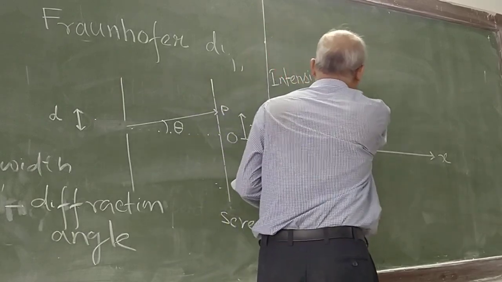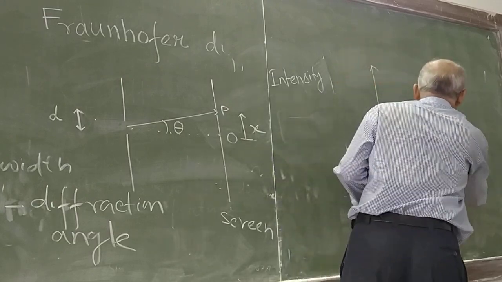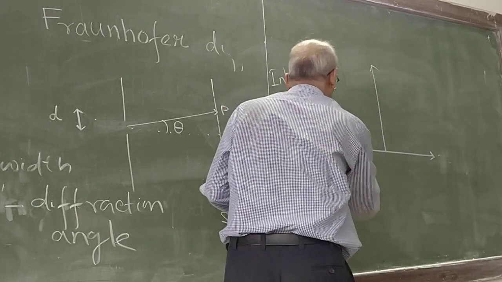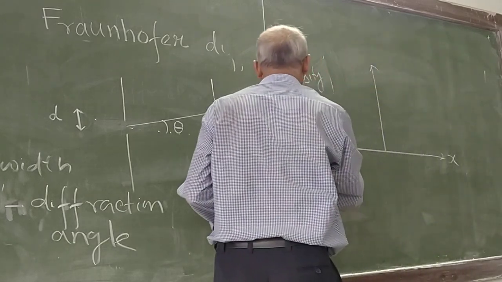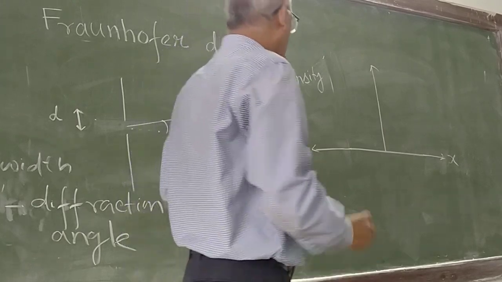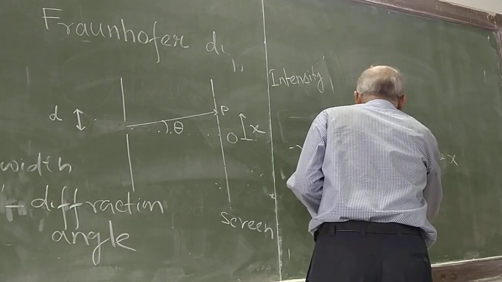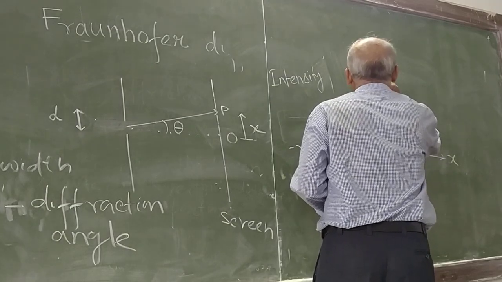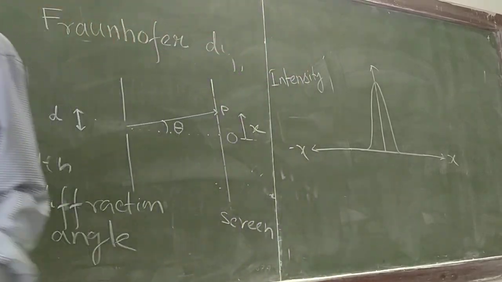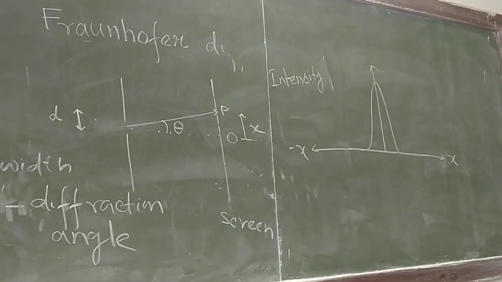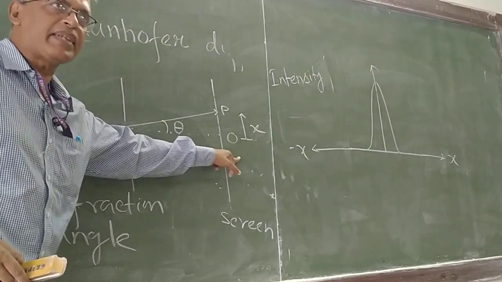This is plus x, this is minus x. What you observe is a central maxima. You will get the brightest maximum at the center point, at O. At point O, you get maximum intensity.